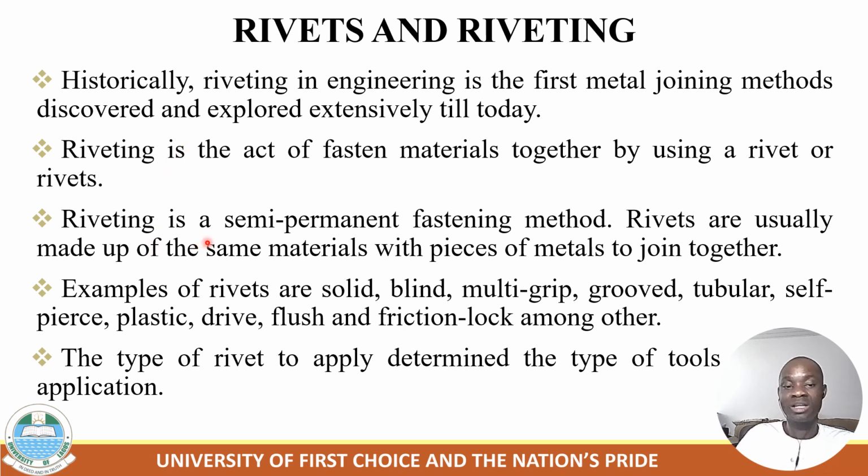Riveting is a semi-permanent fastening method. Rivets are usually made of the same material as the pieces of metal to be joined together. I made mention of the aviation industry, but what of our home? We have a pot with a handle, and the handle is riveted to the pot.